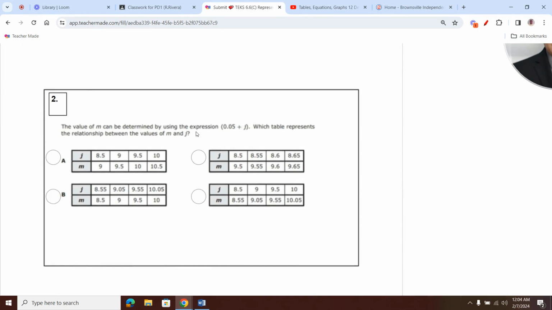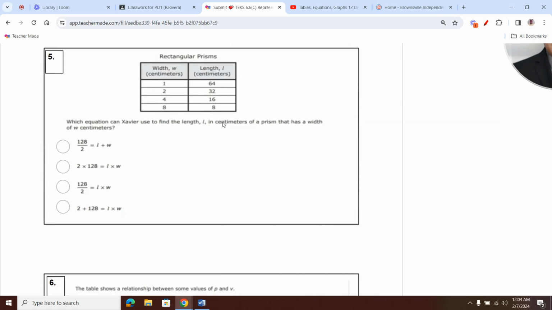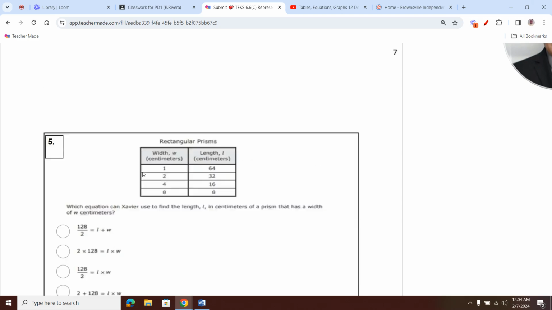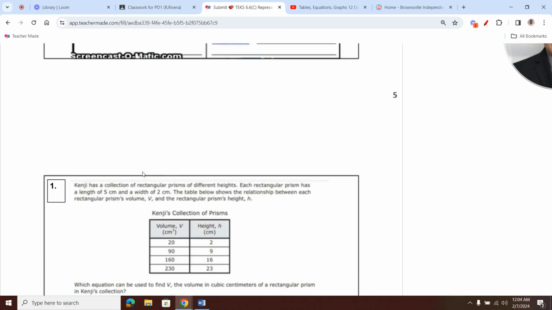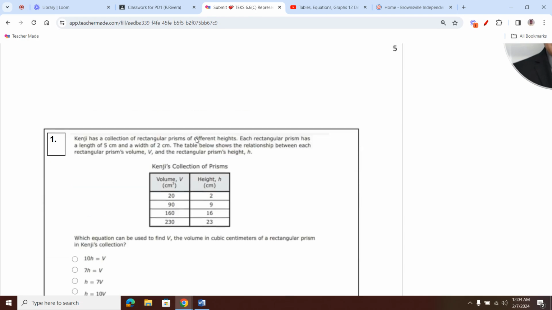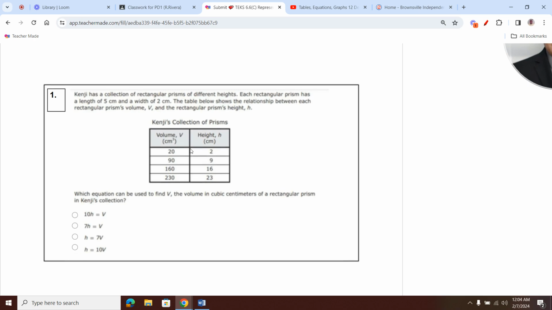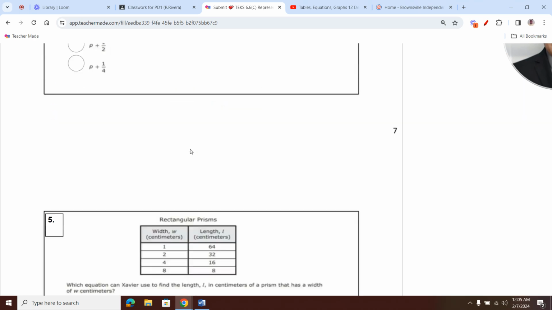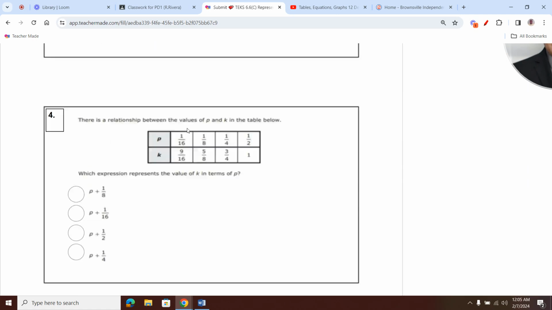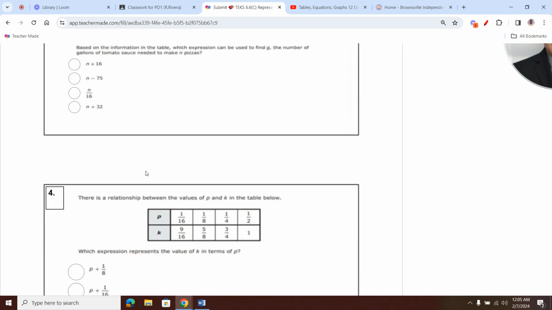And why is it still tables and equations? Because we still have tables and equations. So sometimes they'll give me the table and they want an equation. Sometimes they'll give you the equation. Here's the table and then the equation. So number 1 is, look, here's the table. And number 5, there's the table. Going back to number 1, there's the equations. Look at number 5.